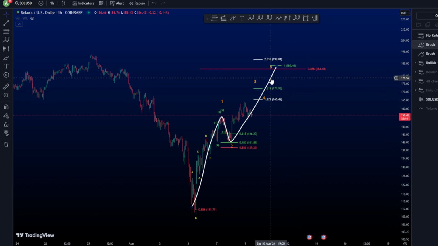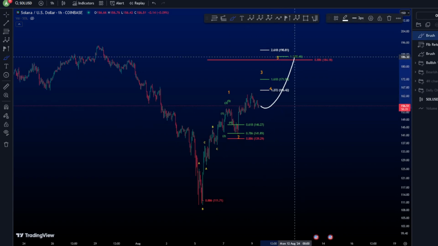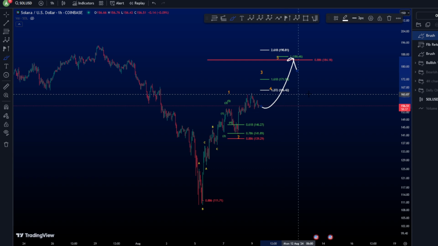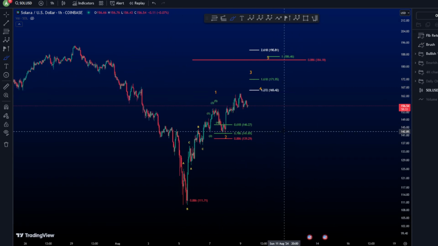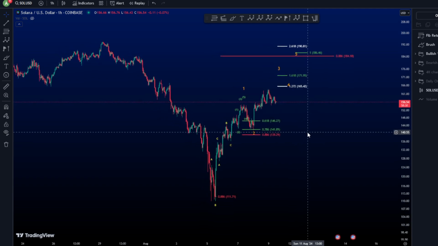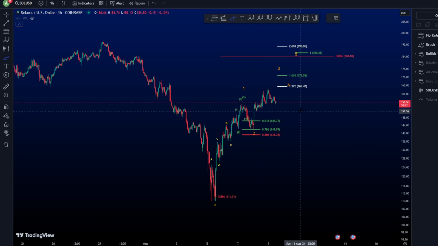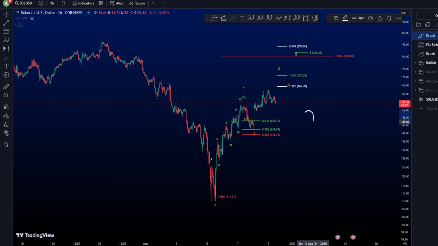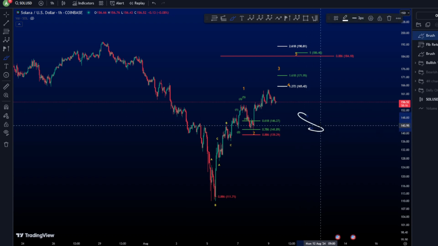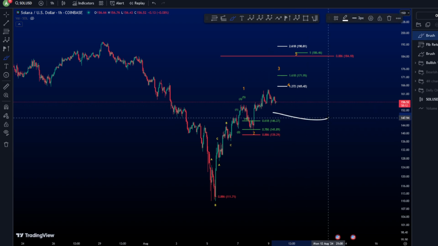So I think Solana is showing some power here, and even now it's very remarkable, more than Bitcoin. This is a very beautiful sign to see from Solana. That might be a signal of the altcoin season coming in, because in comparison with Ethereum, Solana is taking the lead now.